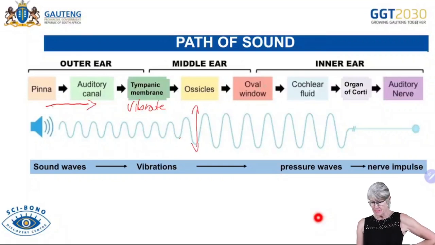And the ossicles then transfer the vibrations to the oval window, which is also a membrane, and behind that oval window is cochlear fluid.